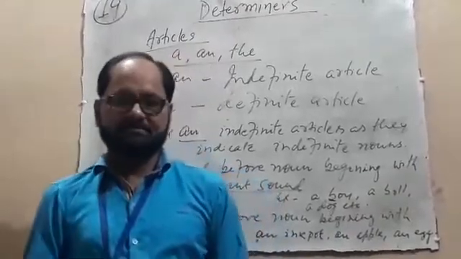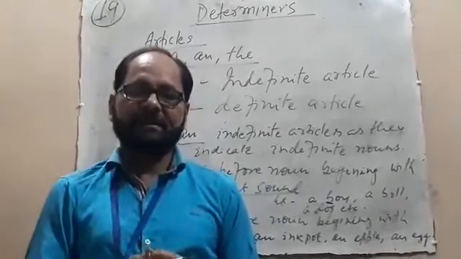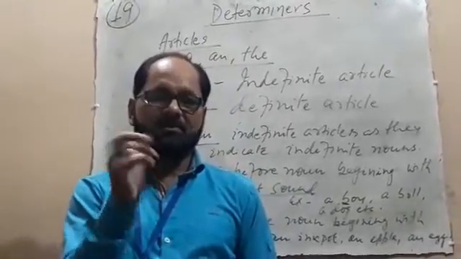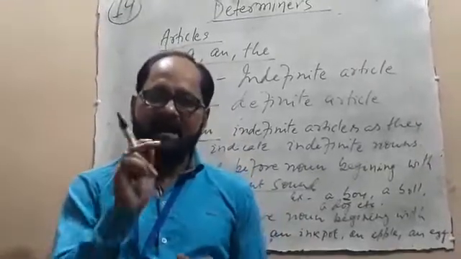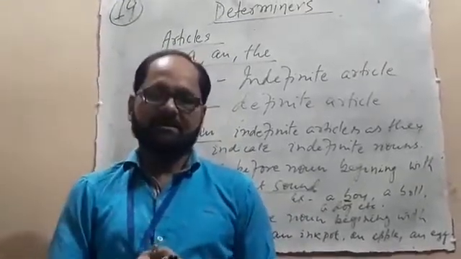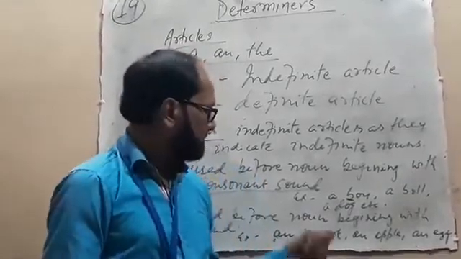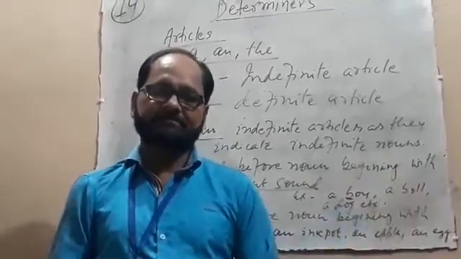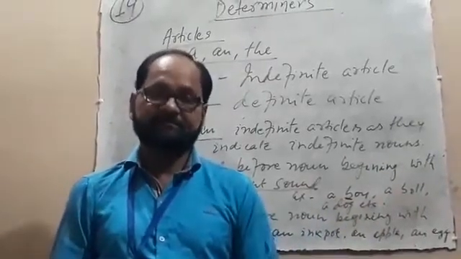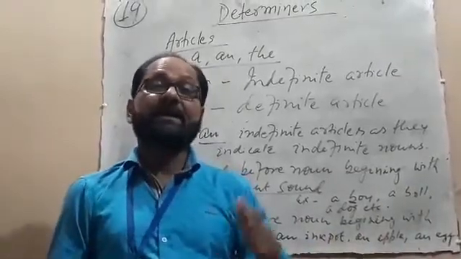Ink pot is a word beginning with I, and I is a vowel. That's why we use an here: an ink pot, an egg, an eagle, an apple.